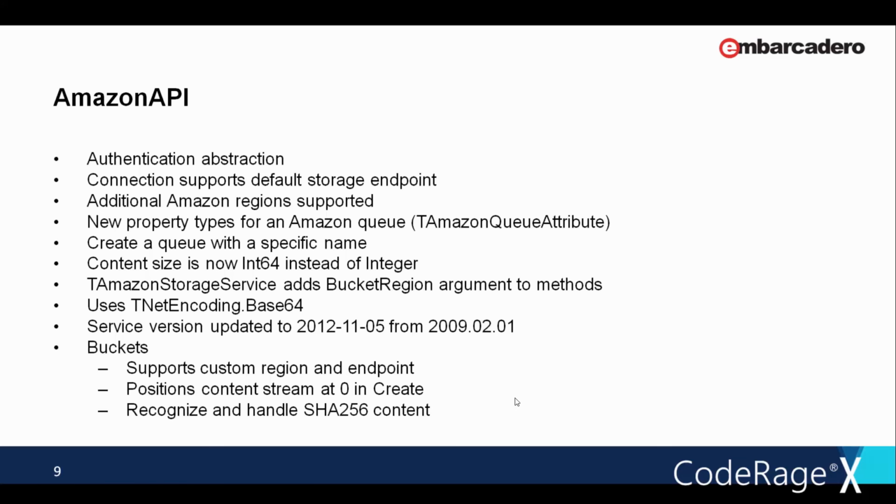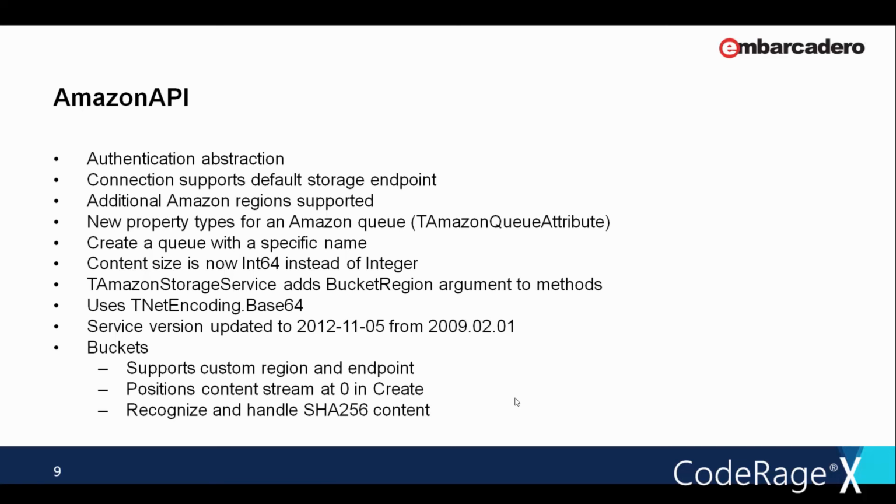The Amazon storage service has a bucket region argument that's been added to its methods so that you can specify which region the bucket goes into for storage. Again, it's cleaned up, uses TNet encoding base64 functions. The service version for the various classes that specify the Amazon service to use has been updated to 2012-11-05 from the 2009 version.